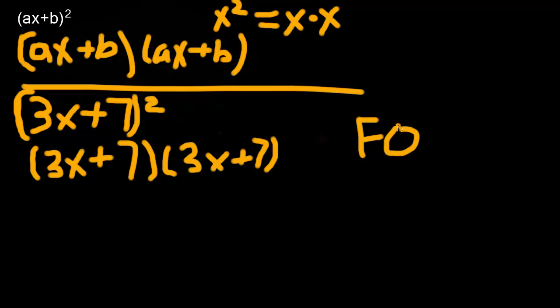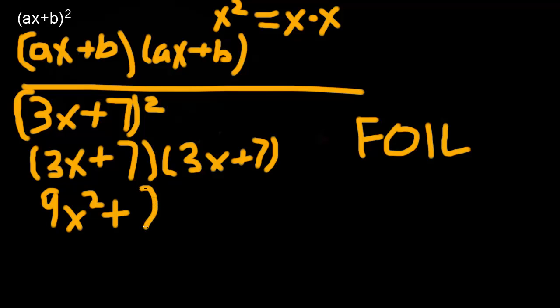And if it helps you to write this out, remember you can be going, actually I'll tell you later when it applies. But, so front two terms, 3x and 3x, 9x squared, plus, okay, so now we have 3x and 7, so 21x.